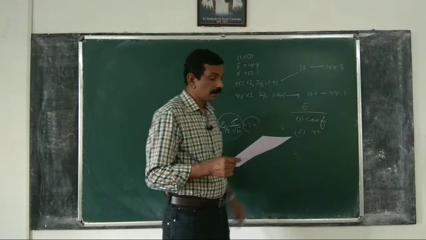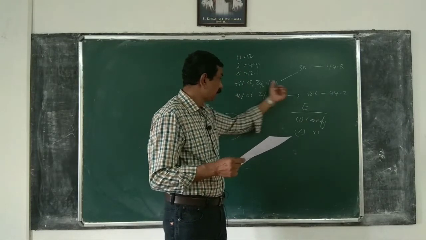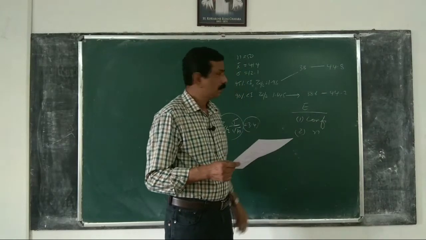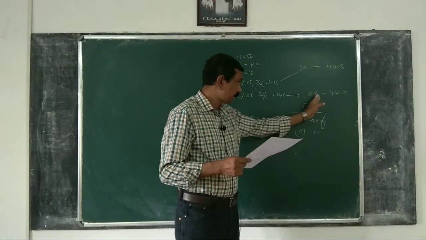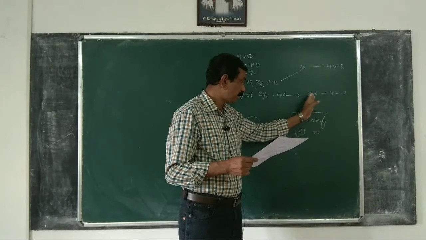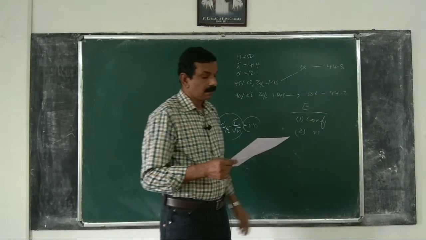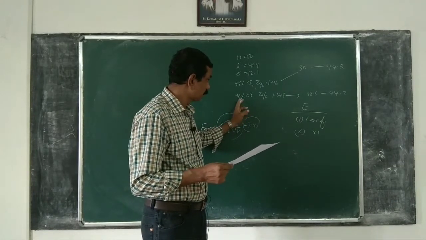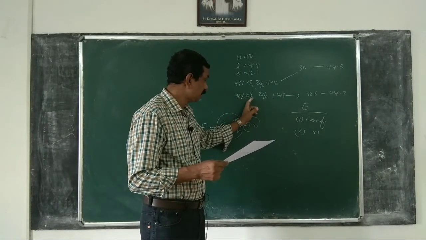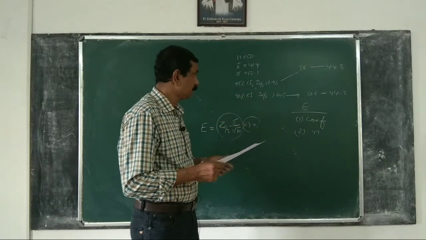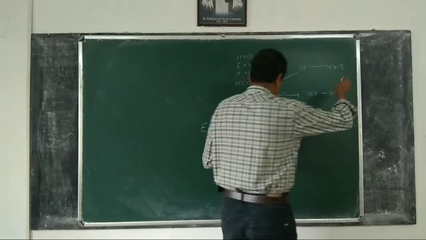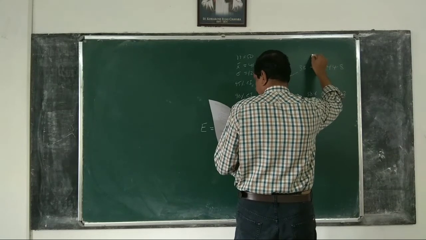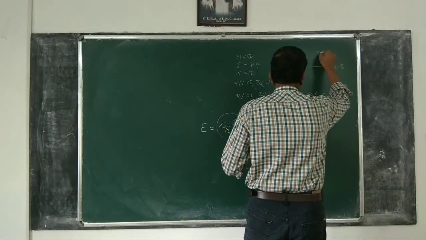So in this example, for 38.0 to 44.8, we are 95% confident that the parameter will lie in this interval. In this case, we are 90% confident that the parameter will lie in this interval. So what we say is, if you reduce the confidence level from 95 to 90, the margin of error in the first example was 3.4.